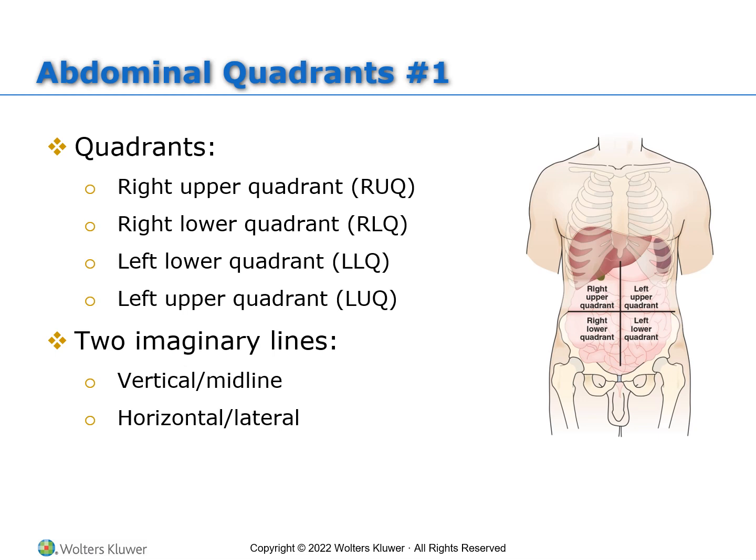Three of those 9 smaller regions are commonly used to describe abdominal findings: the epigastric, the umbilical, and the hypogastric or suprapubic region. If you look at the guide for 23.1, it will show you the abdominal quadrants and the regions.